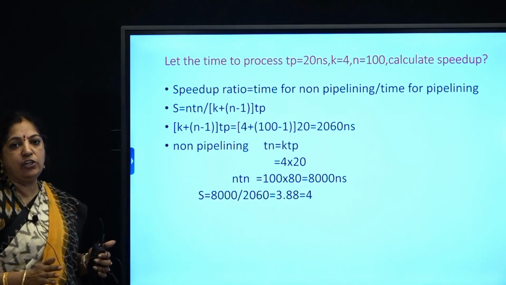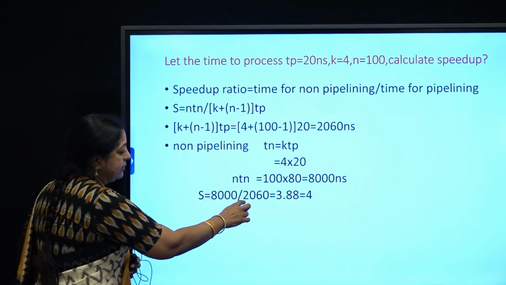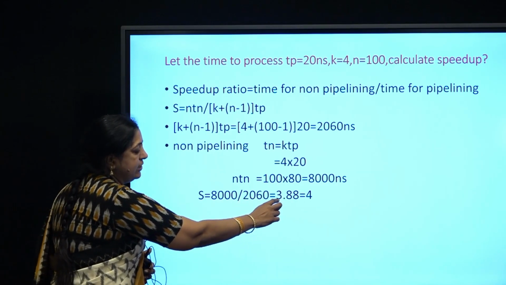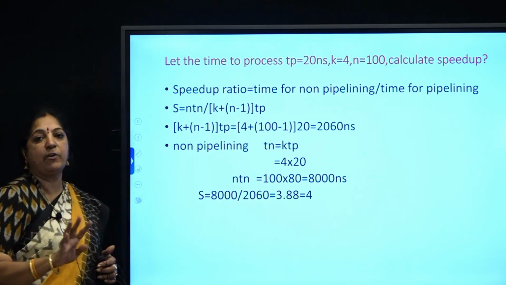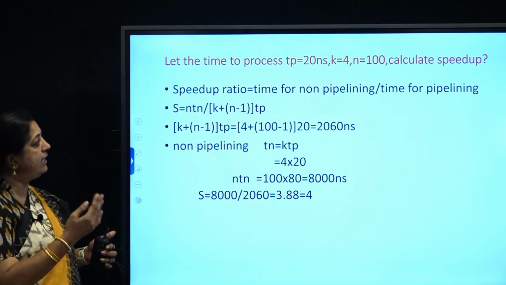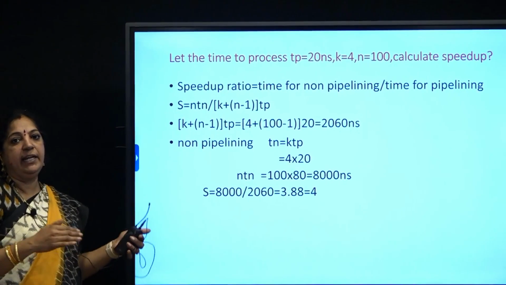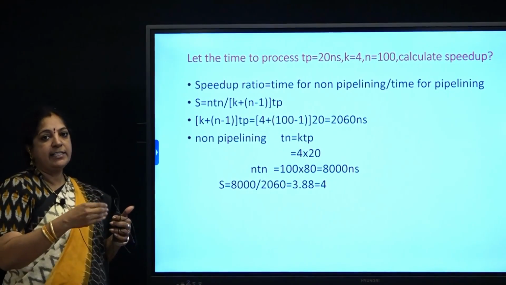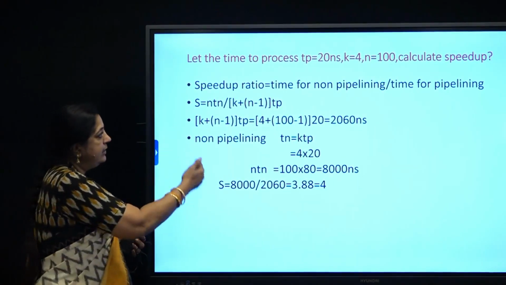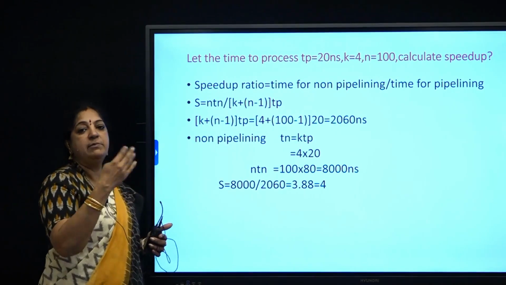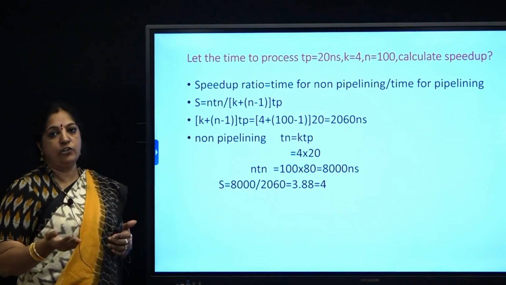So what is the ratio? S is equal to 8000 by 2060, that is equal to 3.88, approximately 4. So it is 4 times the speed up. In this example, using the pipelining is 4 times better than not using the pipelining.